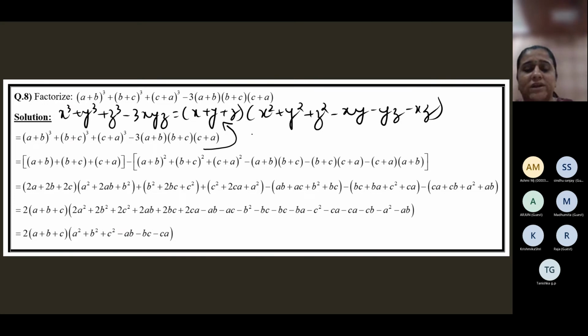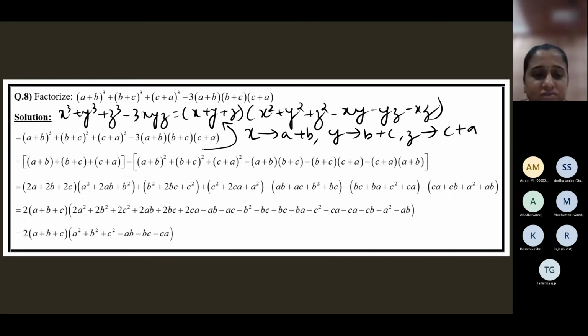After this, you can write: x is a plus b, y is b plus c, and z is c plus a. You can write these two steps after the first step and then continue.